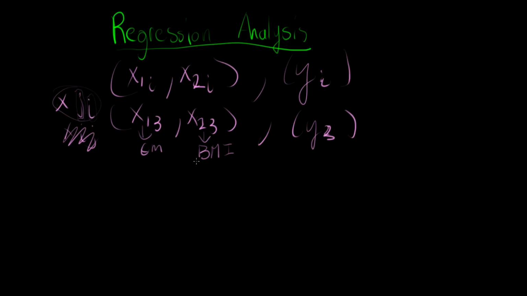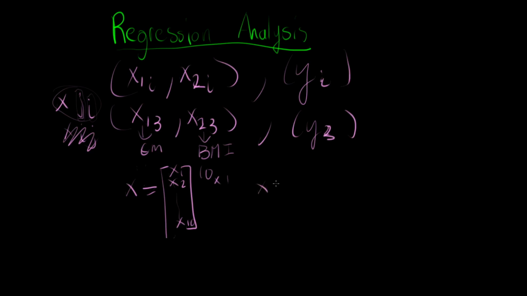As for putting it in matrix form, remember before we had a 10 by 1 matrix because we had one covariate: x1, x2, up to x10.